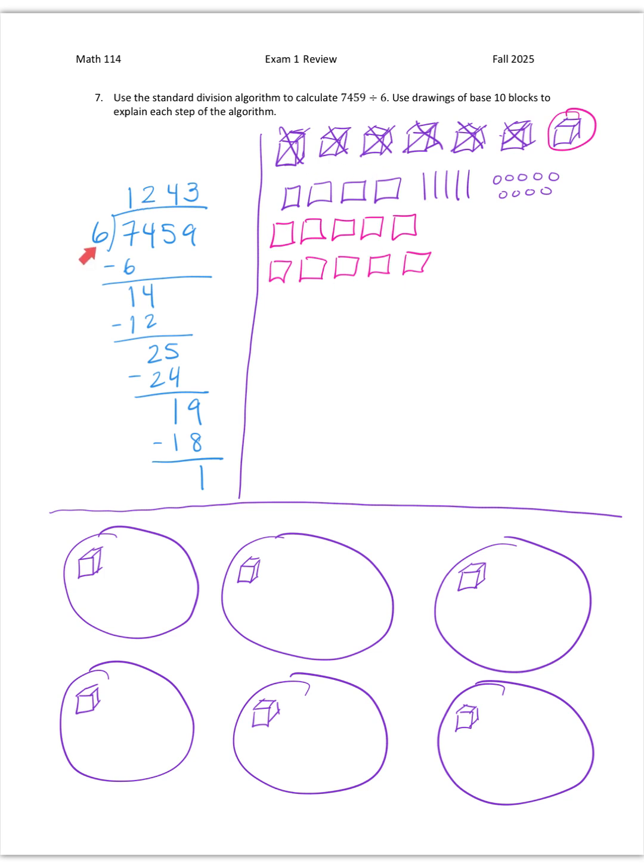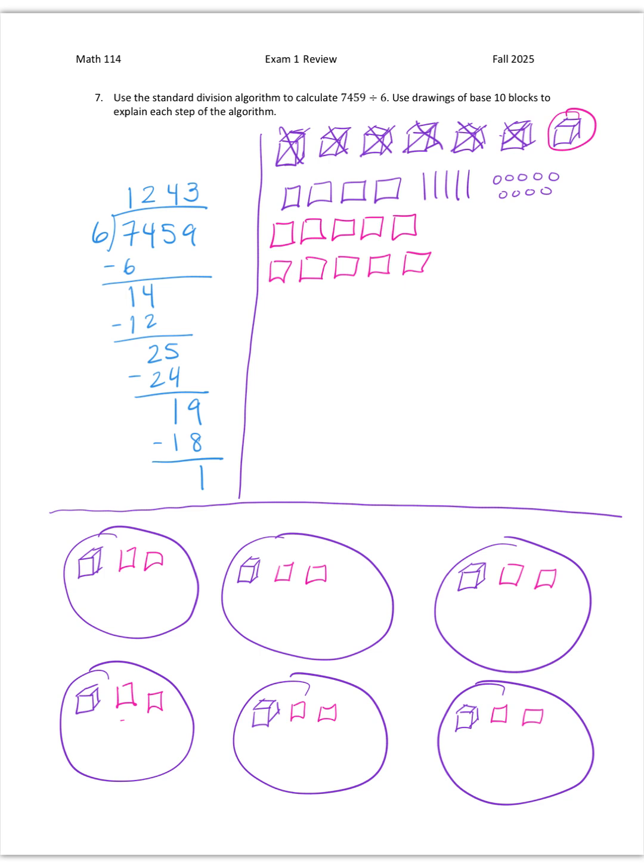So that's what happens when you say, okay, how many times does 6 go into 14? Twice. We're saying, how many flats can I put in each group? How many of my 14 flats can I put in each of the 6 groups? And the answer is 2. Okay, so I'm going to draw those in. 2 flats in each group. Okay.